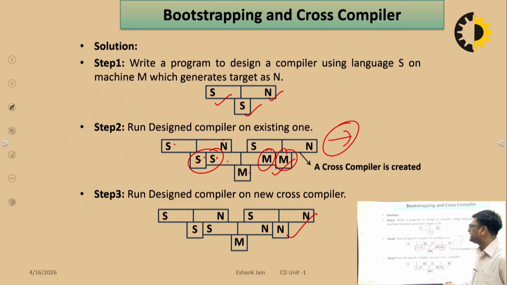We can see that this implemented language will be the same for every compiler. So we can compile the program and generate the output according to the user with the help of a cross compiler.